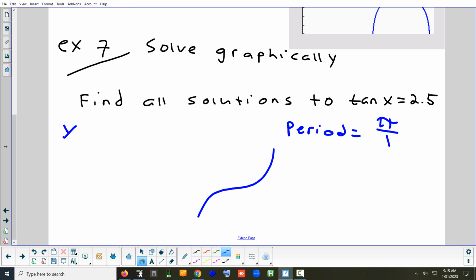1.19. And I put this symbol because it's about what the answer is. It's not exactly what the answer is. So 1.19, that represents the first answer. And what do I put on the end of it to represent every other answer in this problem, left and right forever? Yep. Plus pi over 1.